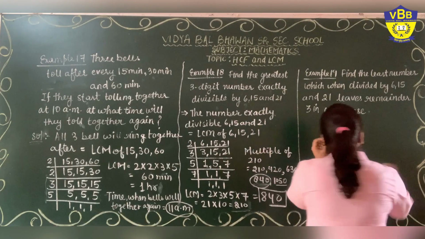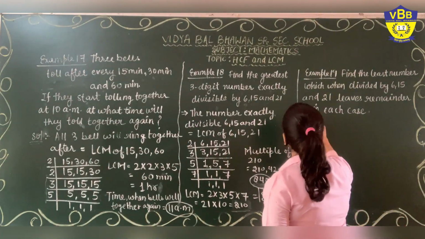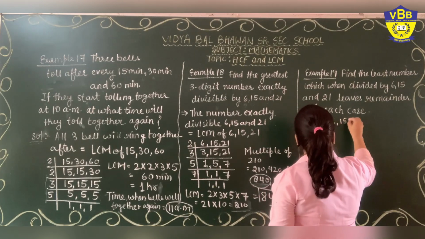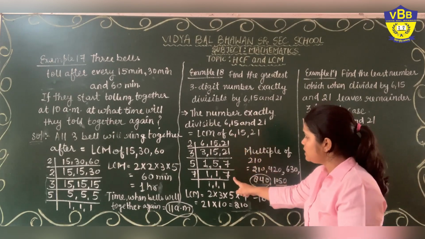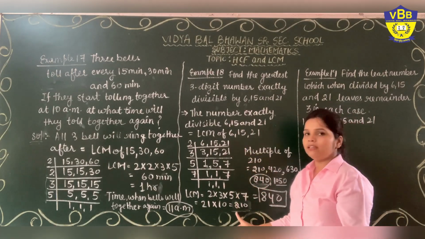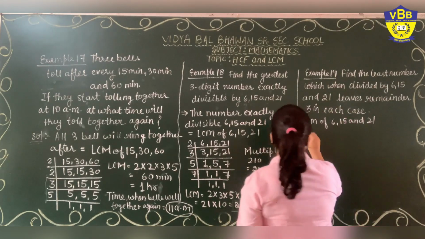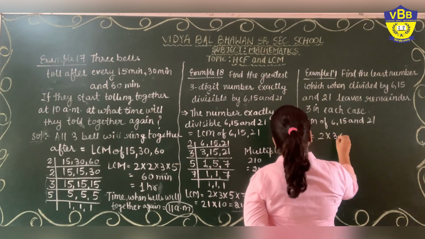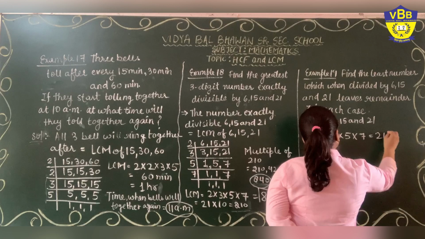So for that, first you need to find the LCM of 6, 15 and 21. We just have done this. The LCM of these numbers was 210. So it is 2 multiply 3 multiply 5 multiply 7 and the answer is coming 210.